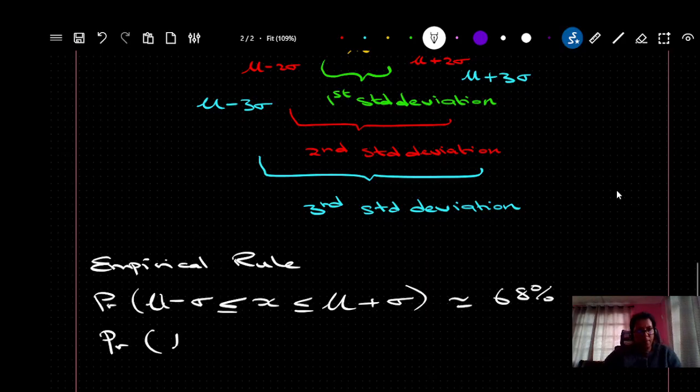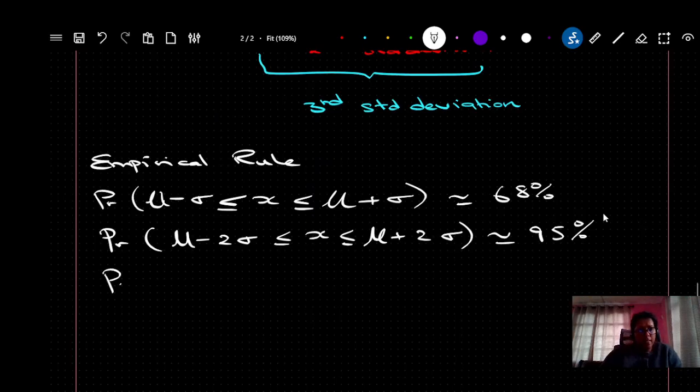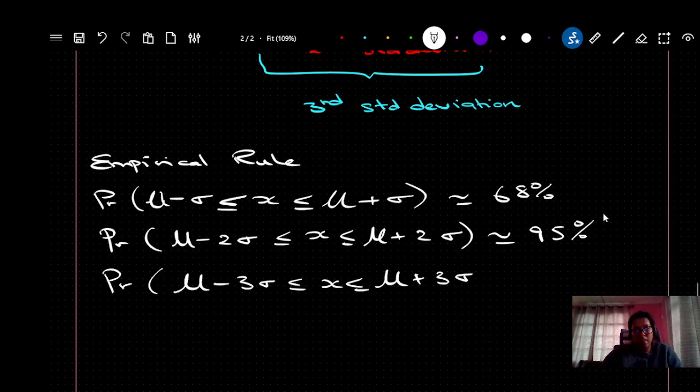Probability that x lies within mu minus 2 sigma and mu plus 2 sigma is 95%, and the probability that x lies within mu minus 3 sigma and mu plus 3 sigma is approximately 99.7%.